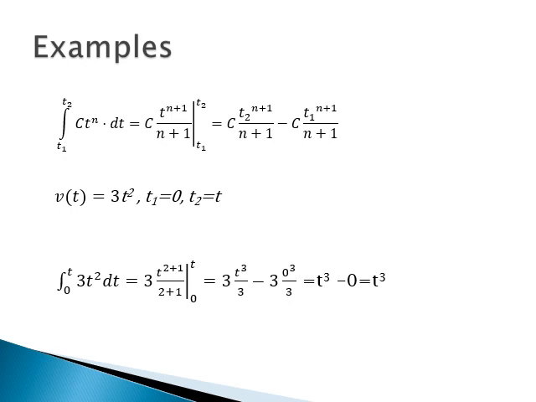So here we had to take the antiderivative of 3t squared, which became 3t cubed over 3, or just t cubed, and we had to evaluate that at the endpoints. So we had to evaluate it at t and at 0. The 0 went away, leaving us with t cubed.